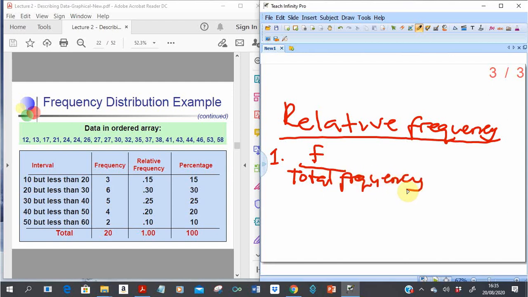So for the first class interval, the frequency is 3 divided by the total, which is 20. 3 divided by 20 gives you 0.15. So this is the relative frequency that you see there.